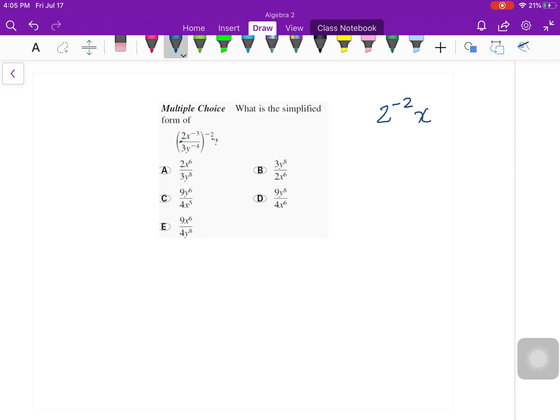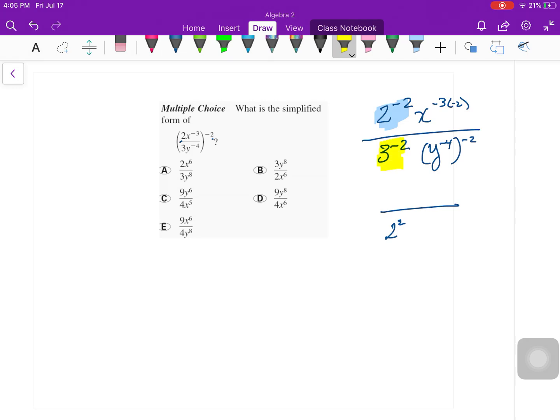Here's a quotient to a power. So first it's 2 to the negative 2. Then it's x to the negative 3 to the negative 2 over 3 to the negative 2, y to the negative 4 raised to the negative 2. All right. So this one, to make it positive, is going to move down in the denominator.